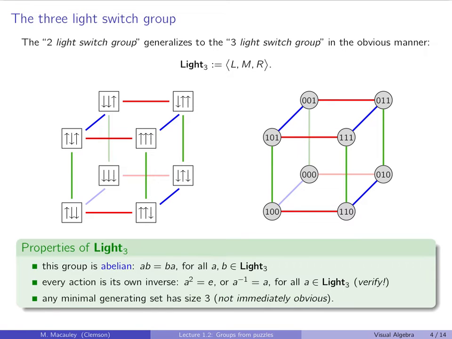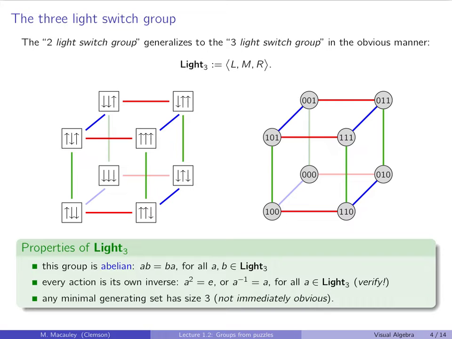Let's now discuss some properties of this group. First of all, this group is abelian. Recall that means that the order does not matter. If you apply A and then B, it's the same as applying B and then A for all 8 of the actions in here. For this, I claim that you only need to check the generators.